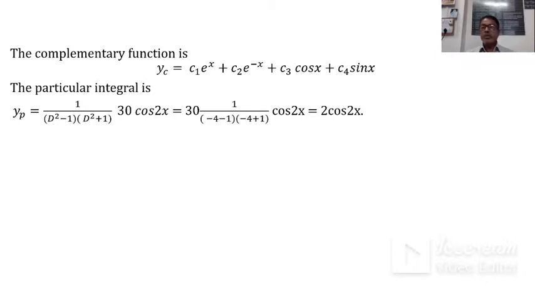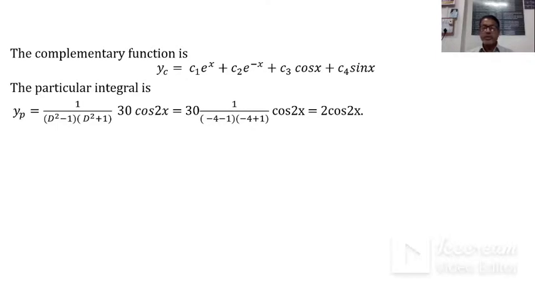This is equal to 1 upon (D square minus 1)(D square plus 1) operate on 30 cos 2x. Take 30 outside, and we substitute D square by minus a square, here a is 2. Therefore, we substitute D square by minus 4 and then the denominator does not vanish.